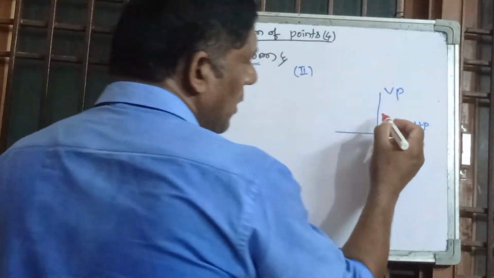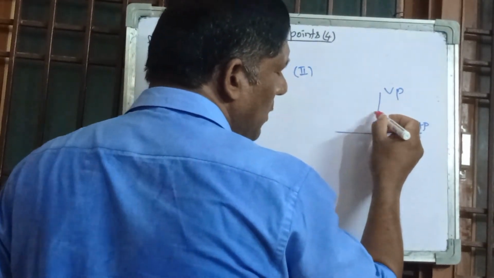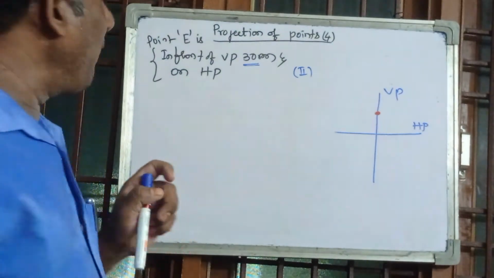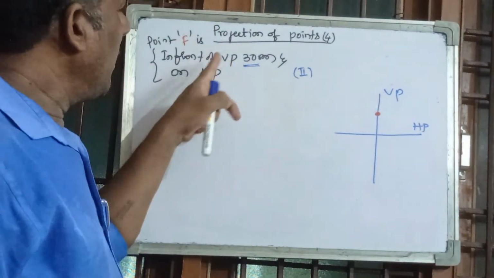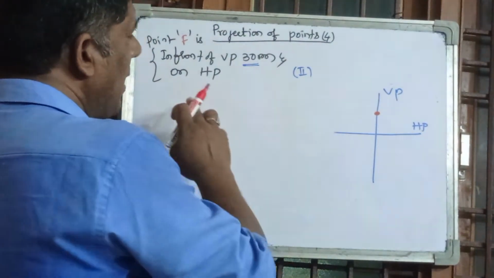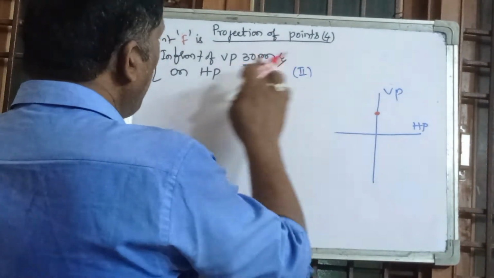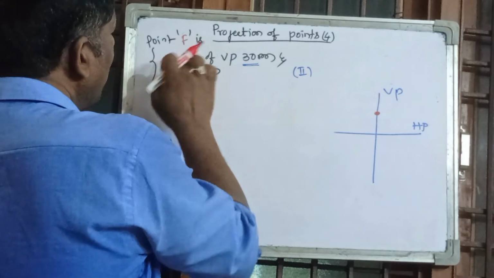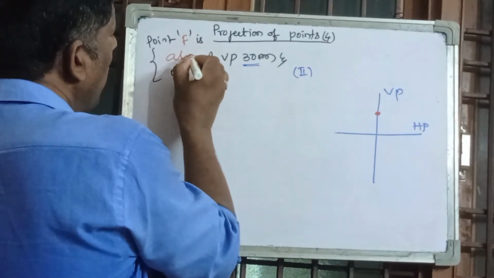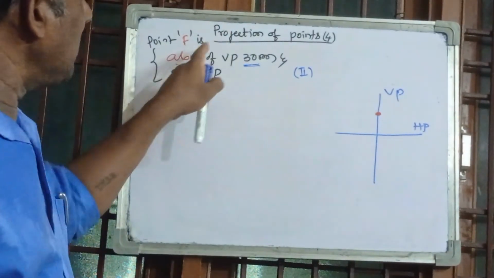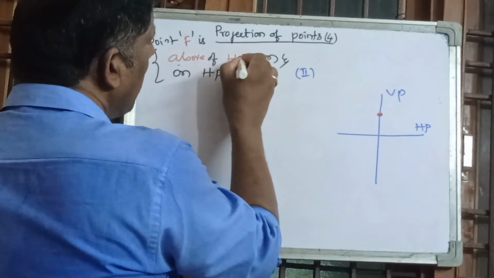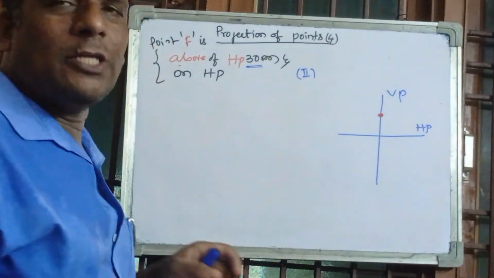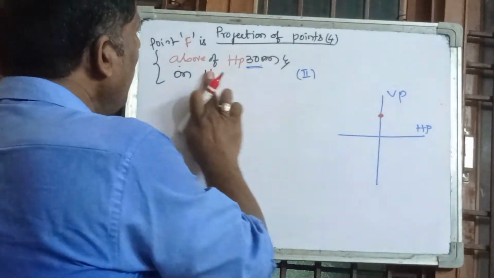In the next question, assume that a point F is above HP, 30 mm above HP, and on VP.